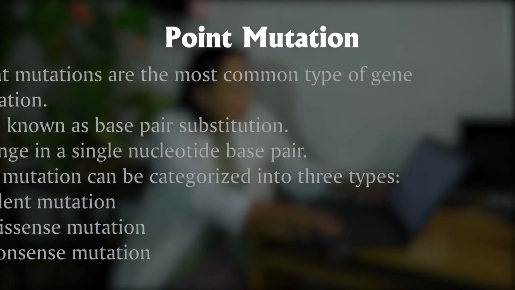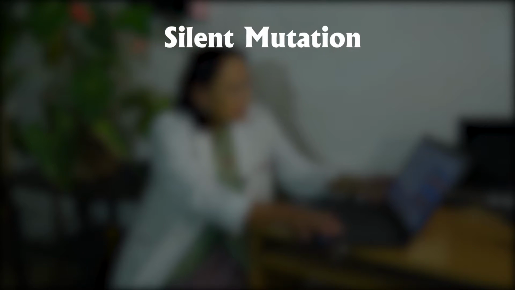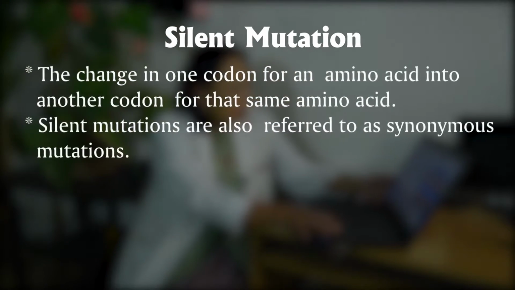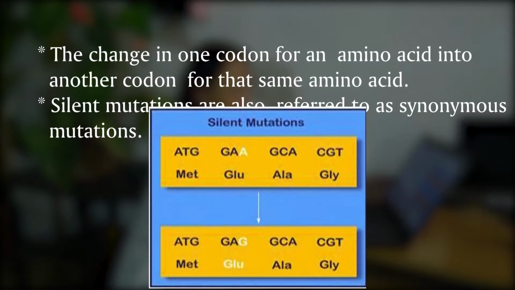So what is point mutation? Point mutations are the most common type of gene mutation, also known as base pair substitution, a change in a single nucleotide base pair. Point mutation can be categorized into three types: silent, missense, and nonsense. In silent mutation, one codon for an amino acid is changed into another codon for that same amino acid.